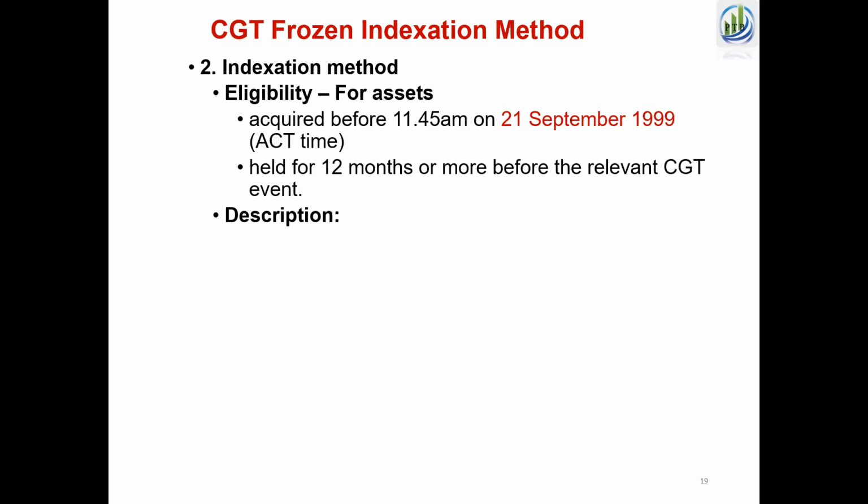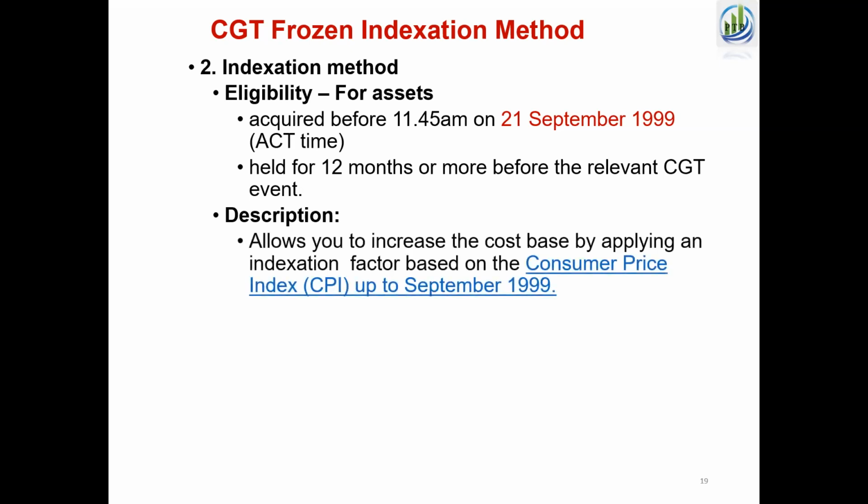So who can use it? Company or non-resident, everyone can use that indexation method, right? What does the indexation method do? You know that your purchasing power of 10,000 ten years ago is not equal to 10,000 now. Ten years ago you could buy a lot of things with $10,000.